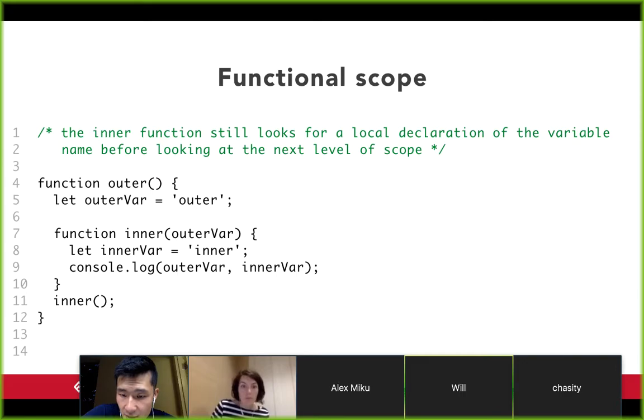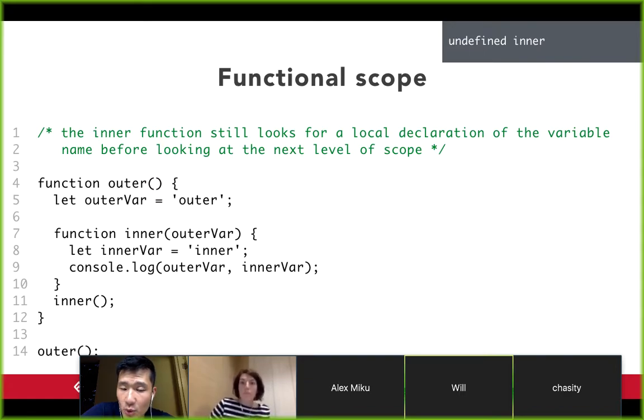So this is just a recap. In this case, we have multiple outer vars, and once again, we always look in our own function first. On line 9, when we try to look for the variable called outer var, we ask, is there a variable called outer var in our own current scope? And the answer is yes, there is. It's a parameter there on line 7. So let's use that one. What is that one? That is whatever is being passed into the inner function when we run it.